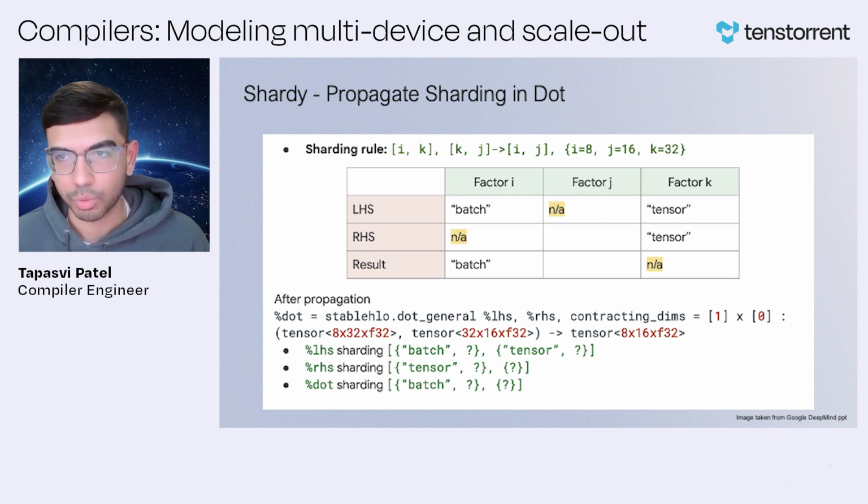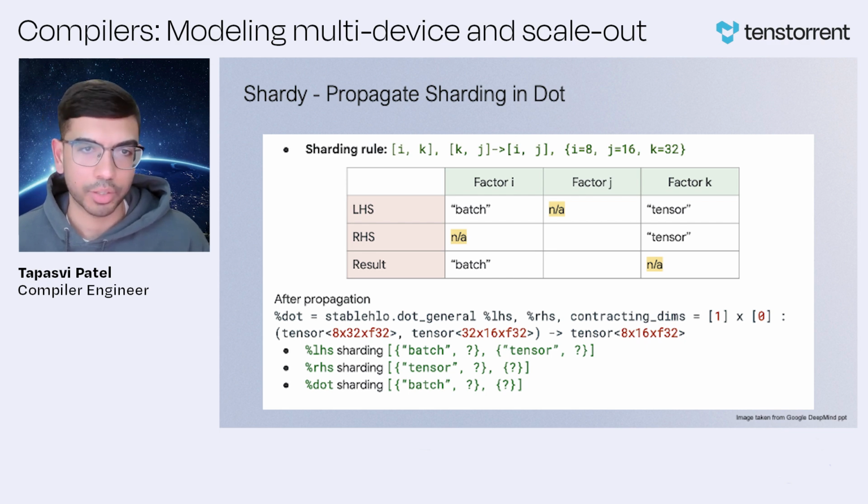The tensor sharding was on factor k. However, k does not appear in the final output, so that's why we don't have any tensor dimension sharding in the output. So we can see that this operation had its input sharding on the left-hand side and the right-hand side, and the operation produced an output sharding of this particular type.